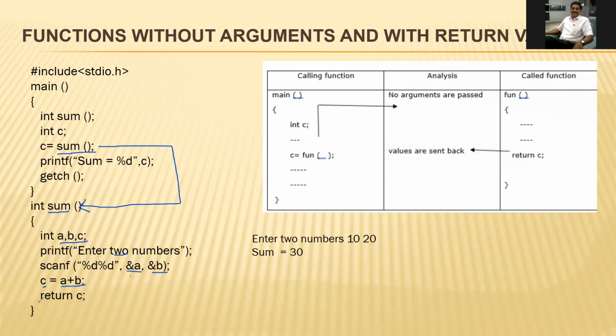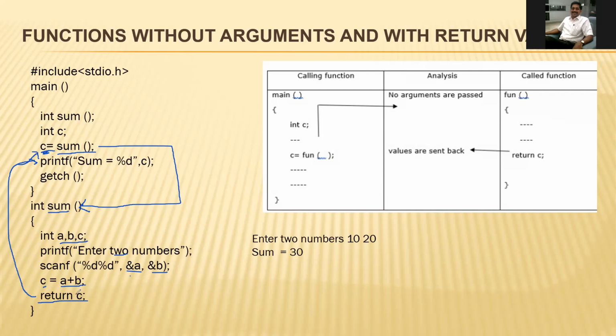Now this is a very important statement written here, return c, in the sense that the value which is calculated in this function will be returned to the calling function. So c got the value from the sum function.